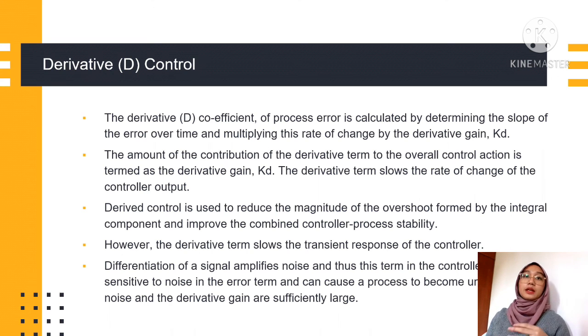Differentiation of a signal amplifies noise, and this term in the controller becomes sensitive to noise in the error term and can cause the system to become unstable if the noise and the derivative gain are sufficiently large.